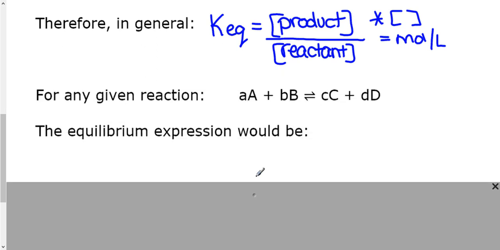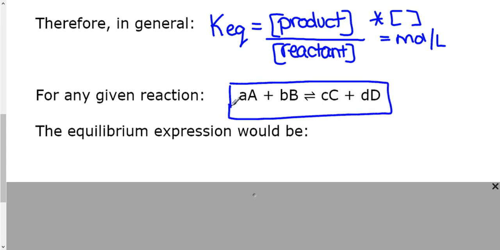If we took this general reaction here, A, B, C, and D, where A and B are reactants, C and D are products, we would get KEQ, and our products go in the numerator. So we would have product C to the exponent c, product D to the exponent d, those are our coefficients.